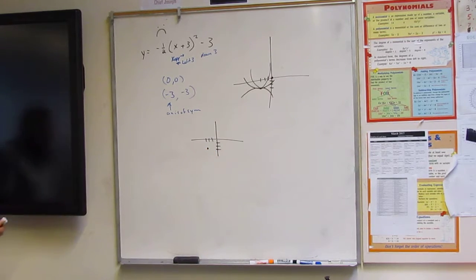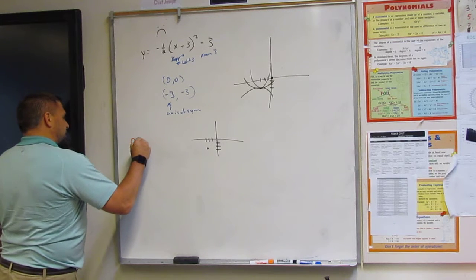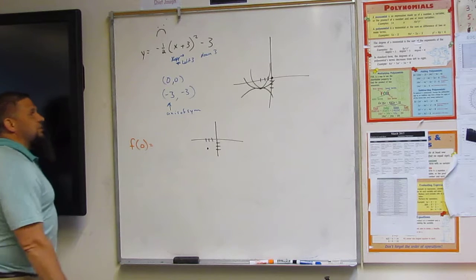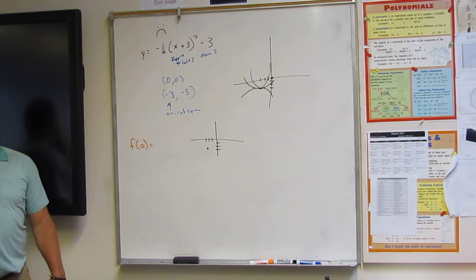So we take it, we plug that vertex in, and then what's the easiest number to plug in? 1? No. 0. Good. Yes. So 0 should be the easiest one to deal with, right?